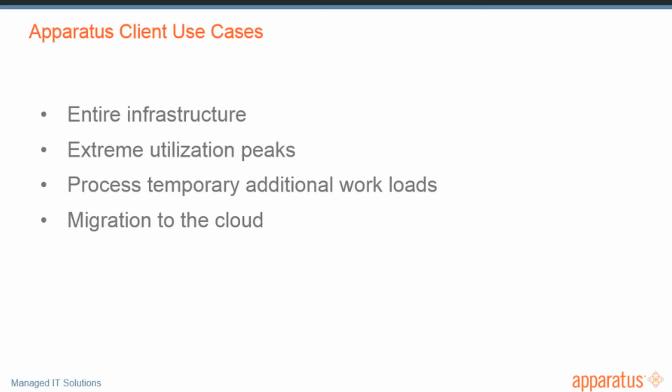Another use case that's pretty common, processing additional workloads. In this particular use case, when new code deployments happen, it's just the way the application is designed, but it knocks devices off of the servers that they're on. So we need to process all of the connections in a certain manner.